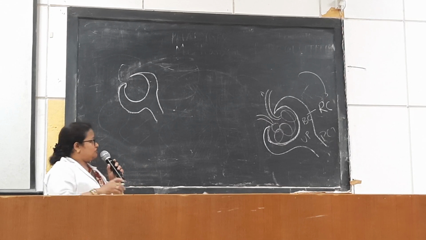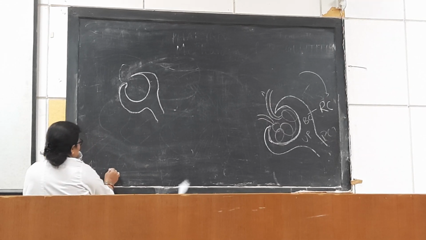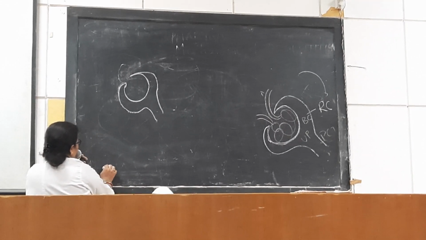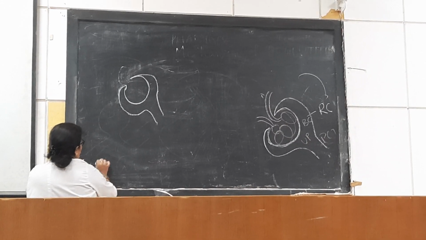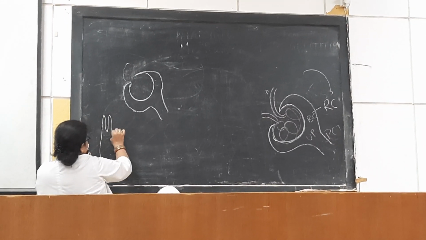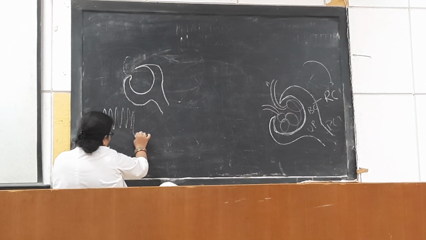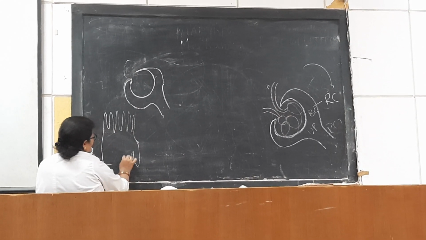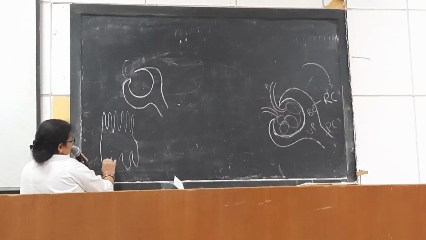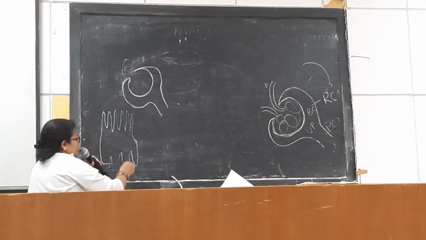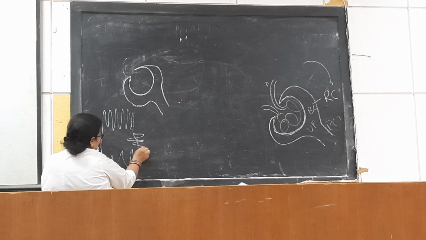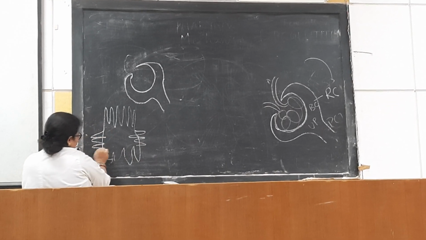That means each cell of the proximal convoluted tubule is simple cuboidal, but towards the apex it has microvilli for absorption of amino acids and glucose, and it also has basal striations as well as lateral striations.